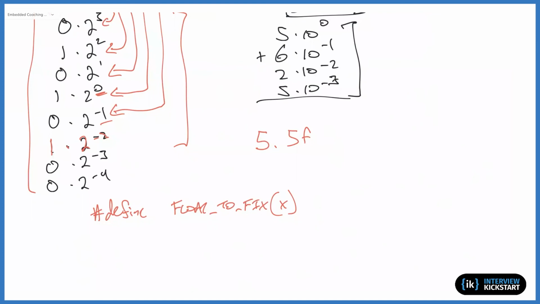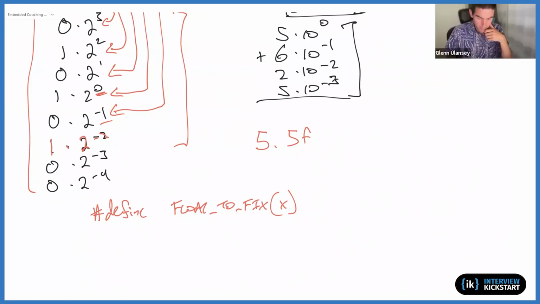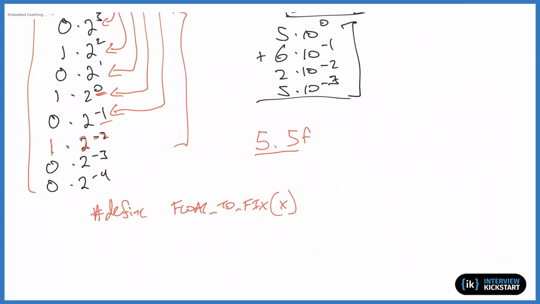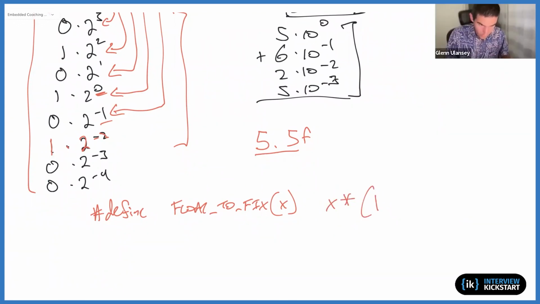So what we need to do here is, let me think about this for a second. I was just thinking about it the other way around, and I realized I need to convert it from float to fixed. We need to multiply this number by a large number such that we get both the whole and fractional component to be shifted over. So we take x and multiply it by 1 shifted over by, let's say, 16.